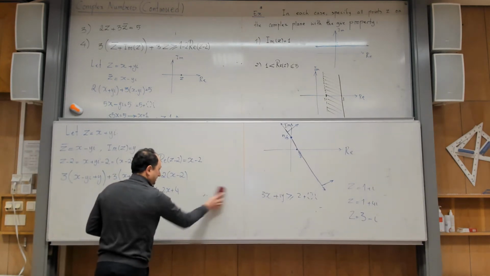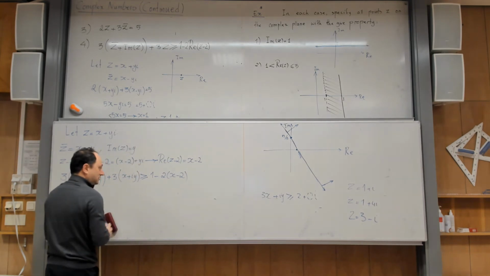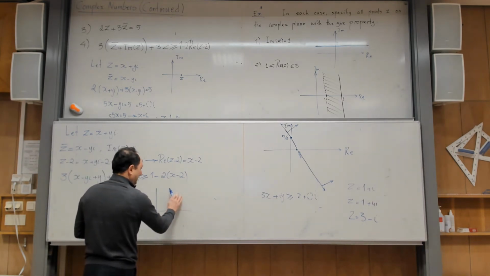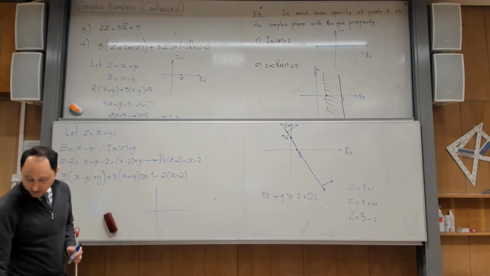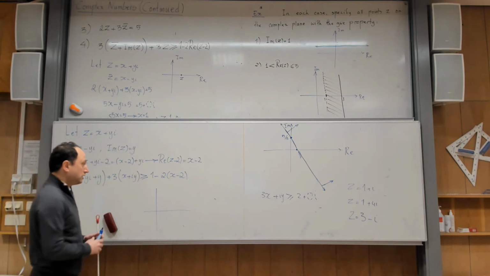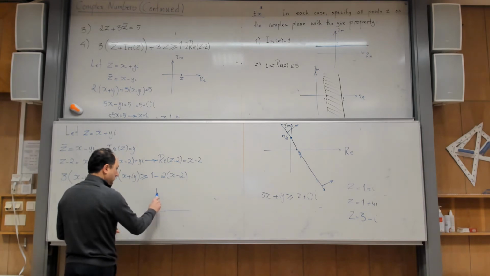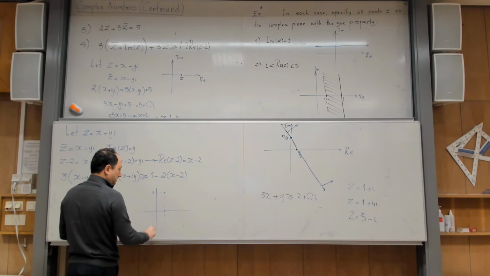So for example, which one is bigger in your system of ordering? The second one is 1 plus 4i. So this is 4 and 1. This is 1 plus 4i.